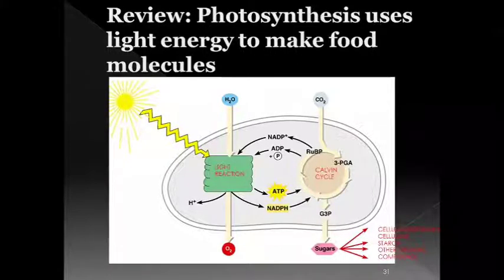The fate of this glucose may take different routes. Either it will be utilized in cellular respiration or in the production of cellulose or starch, or some other types of organic compounds are prepared from the glucose molecules.